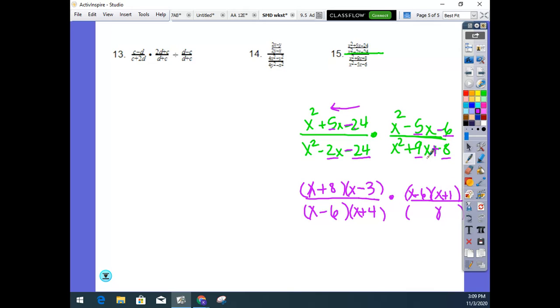Factors of 8 that add to get 9. Anything from the top can cancel anything from the bottom. Final answer.